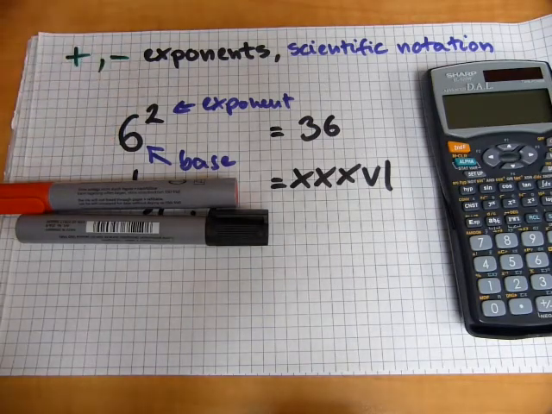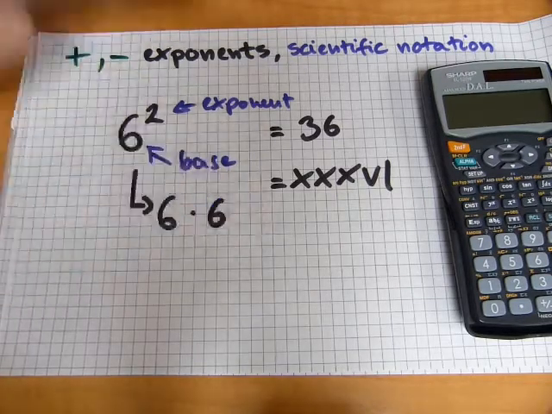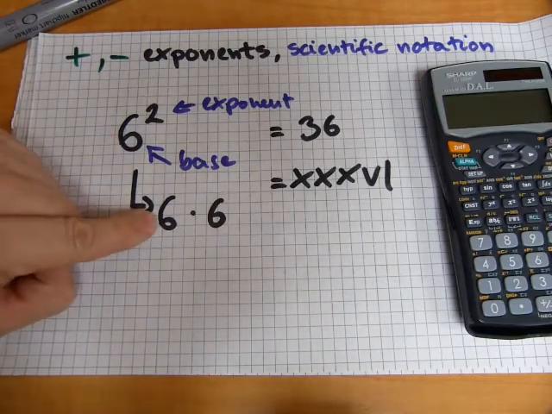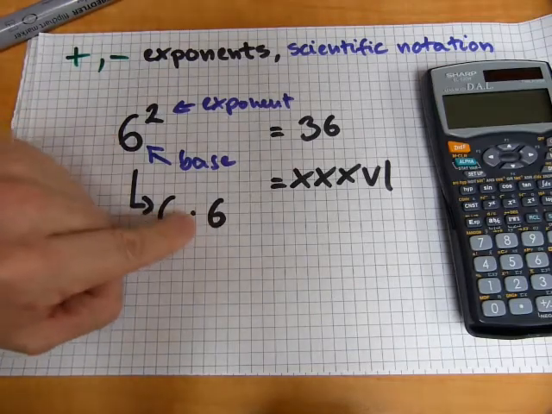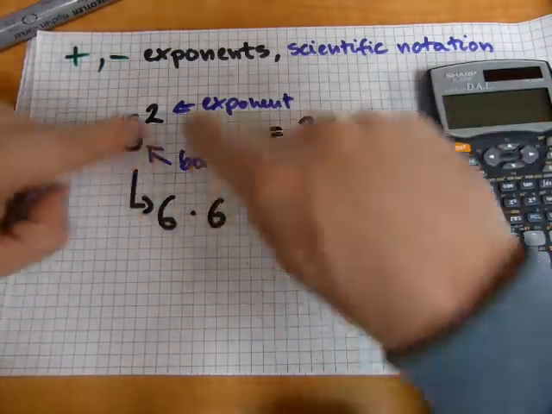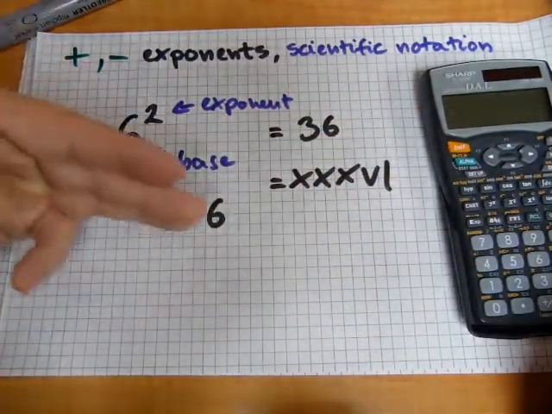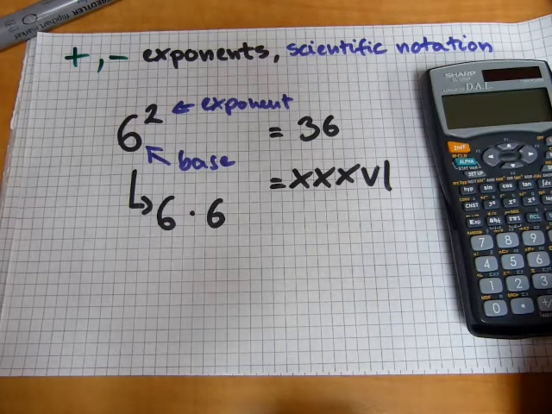Because 6 by 2 is 12. This is not 12. This is 36. So, in other words, there is the base number and it's multiplied by itself. The exponent shows you that you write down the base number 2 times and you multiply it by itself.